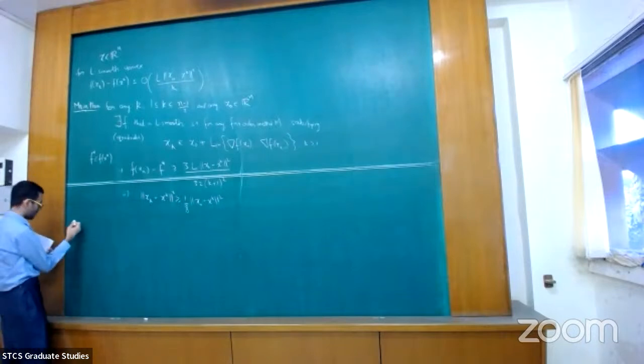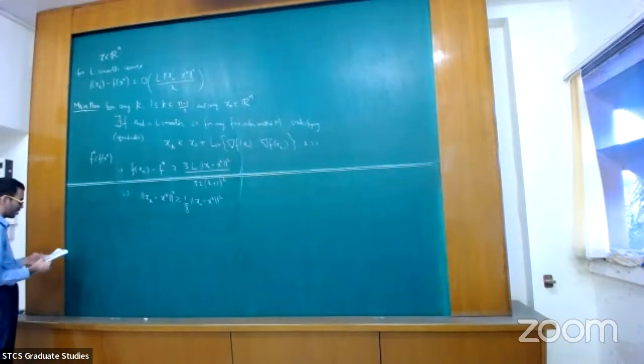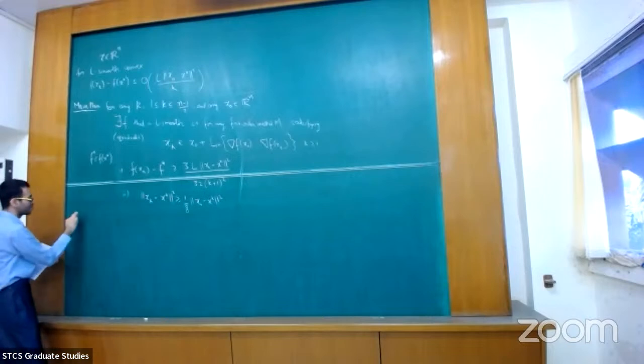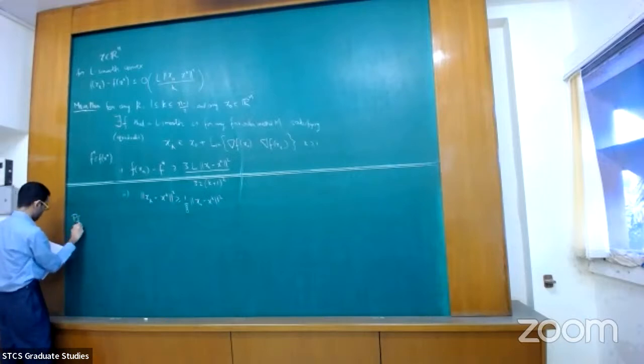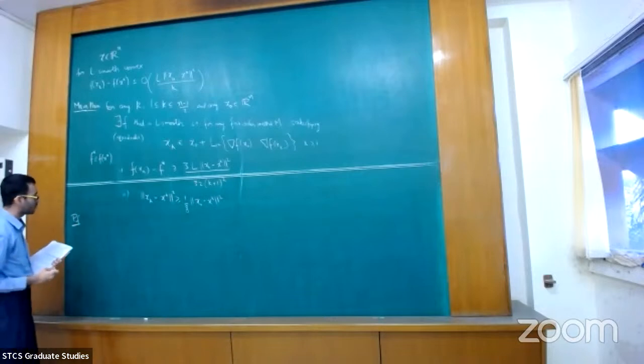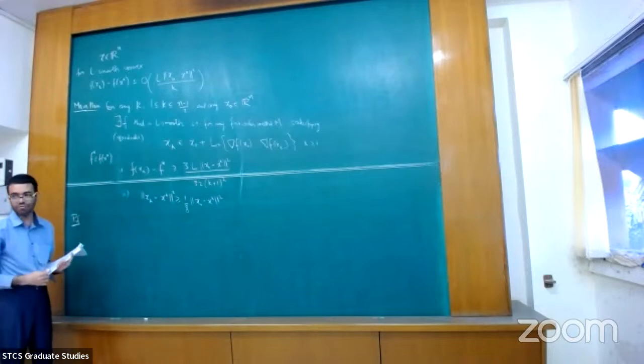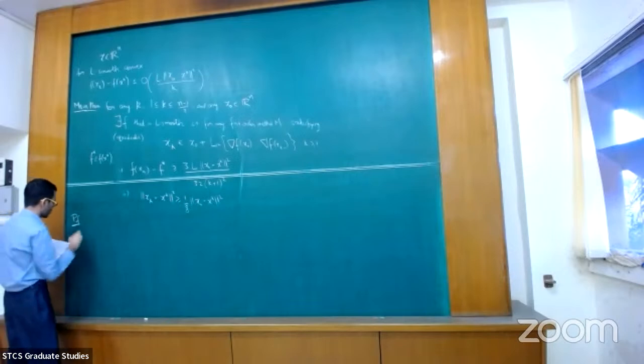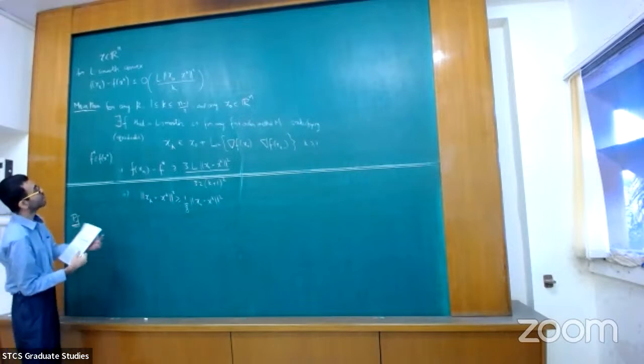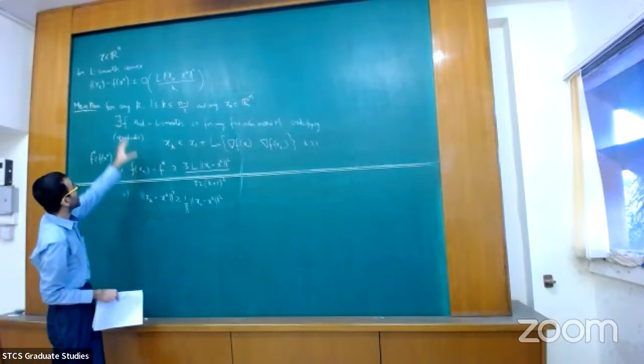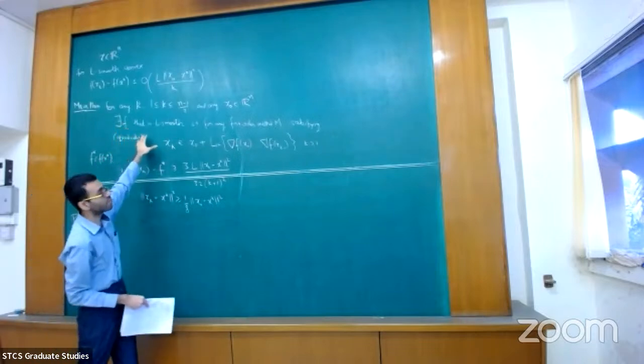Okay, great. So now let me give you what the function is. We will give you a family of functions. Remember that for any k, there is a function, right?